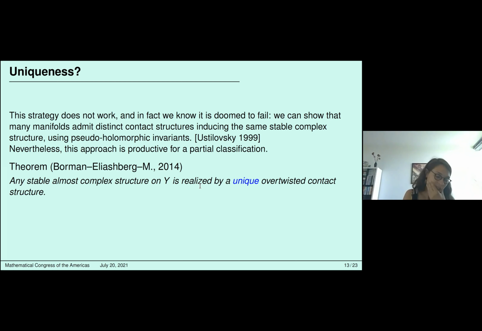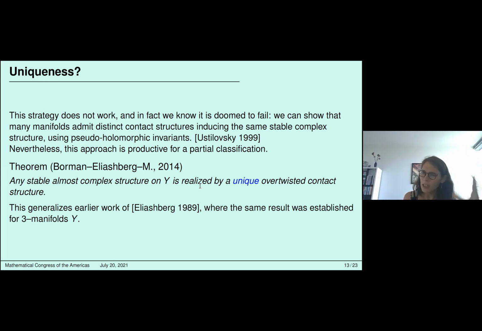But if you think a little harder and use an extra hypothesis, you can make that work. And that's also part of this theorem that we proved: not only does any stable almost complex structure have a contact structure, but there's a unique overtwisted contact structure.